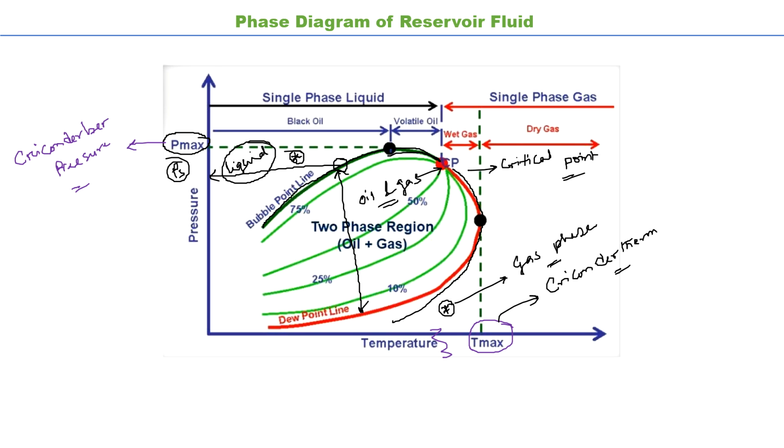That means gas will evaporate from the solution at this pressure. Now suppose there is any point here, say this is point A, it is the undersaturated condition, where oil is not fully saturated by the gas.